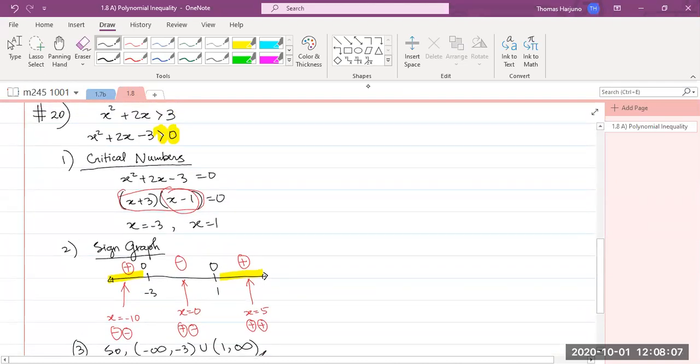Now, if the inequality includes an equal sign, it means your answer should include the x that make it 0. Let's say I pick question number 28: 2x cubed plus 13x squared minus 8x minus 46 greater than or equal to 6.